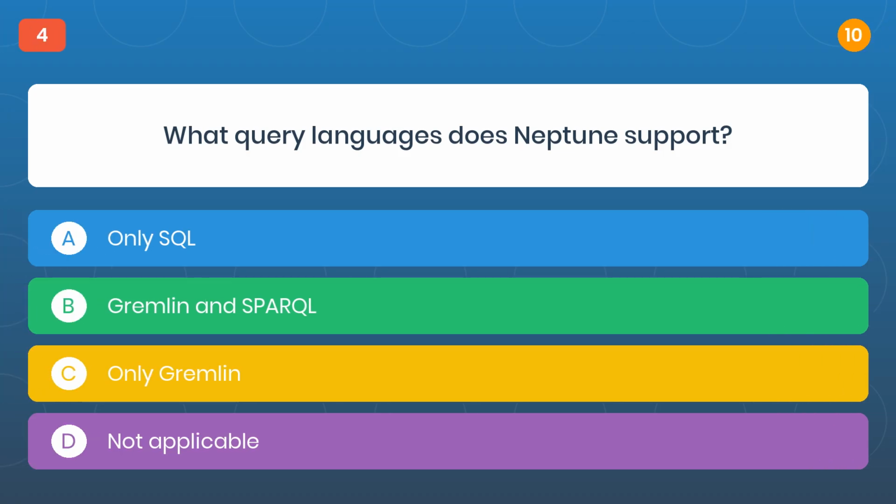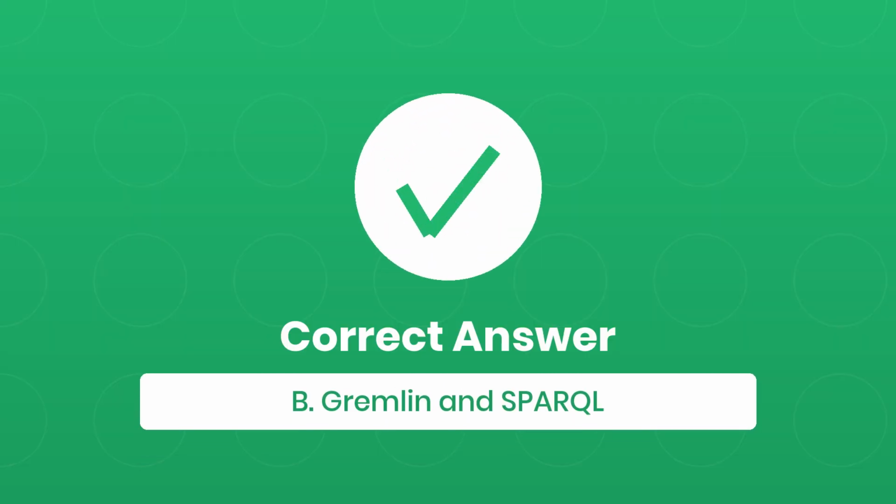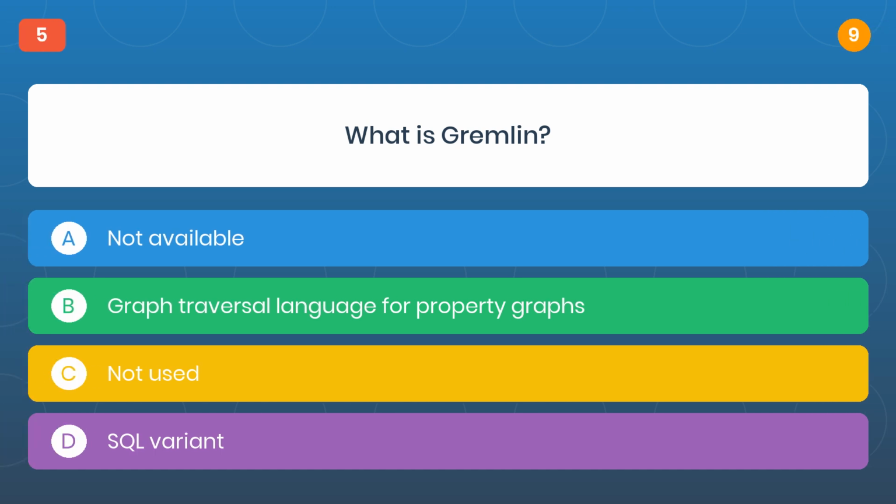Question 4. What query languages does Neptune support? The correct answer is B, Gremlin and SPARQL. Question 5. What is Gremlin?